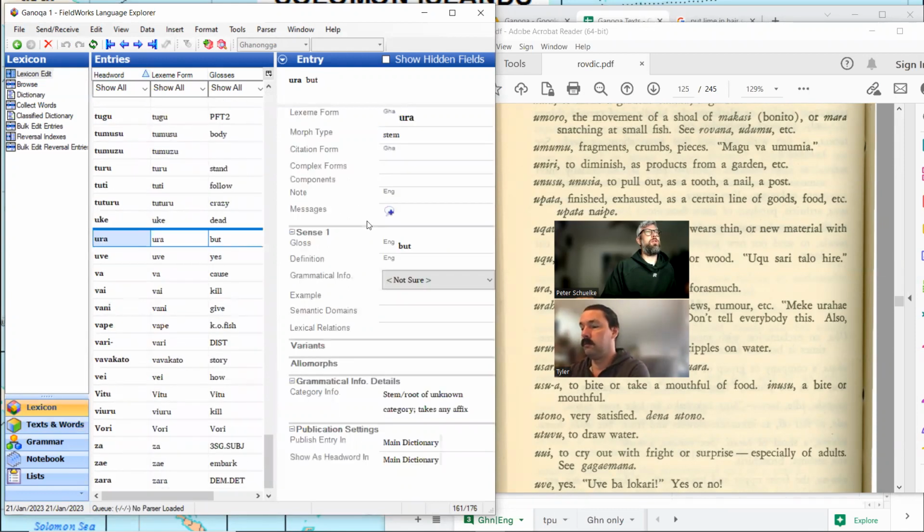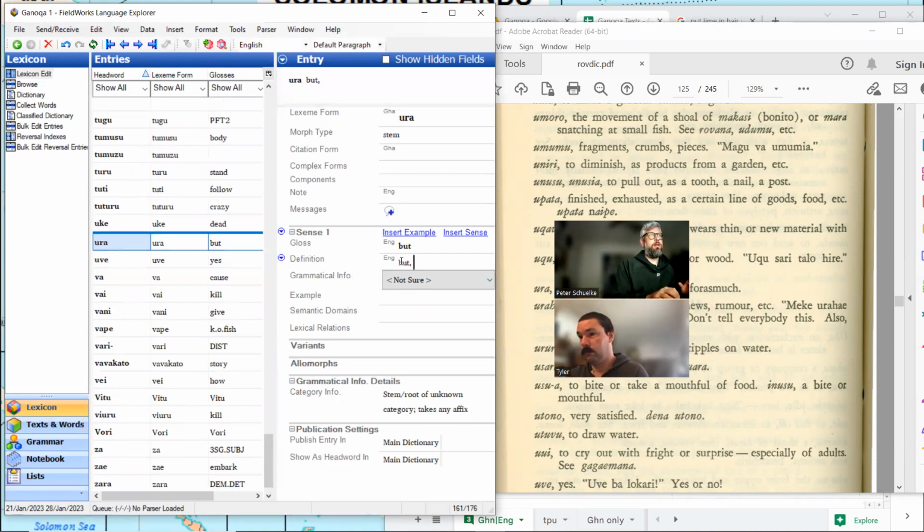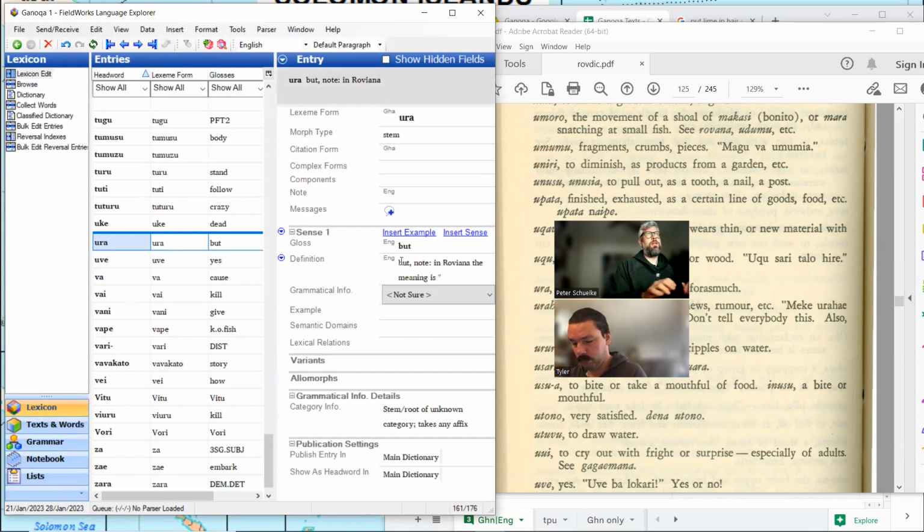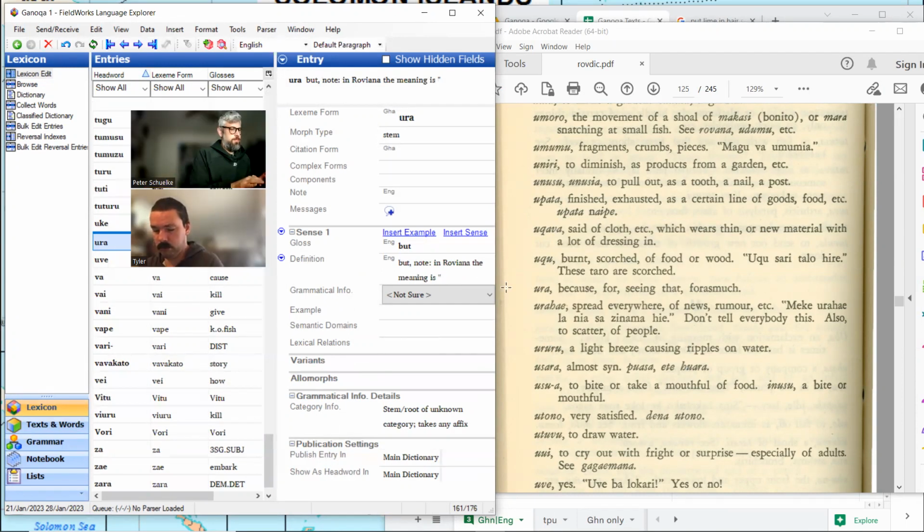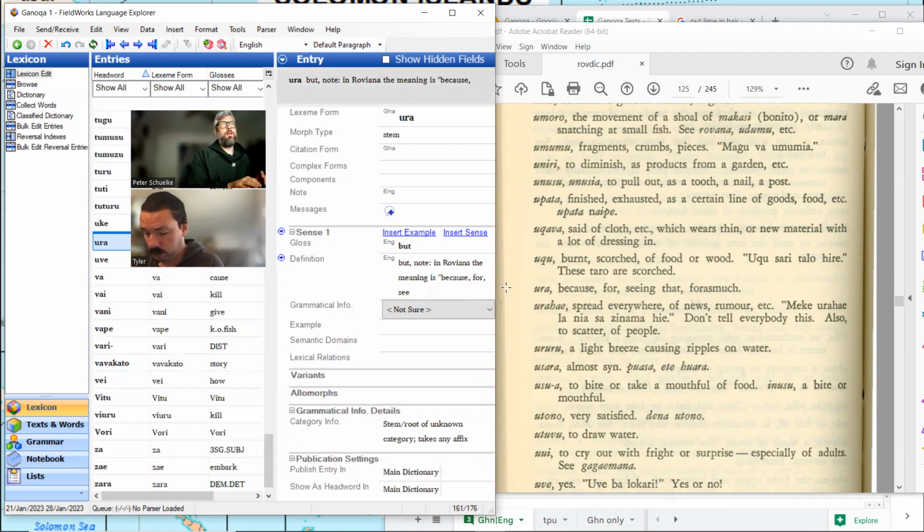Uda. So now I'm going to say definition, but note in Roviana, the meaning is... for seeing that for as much, one word.